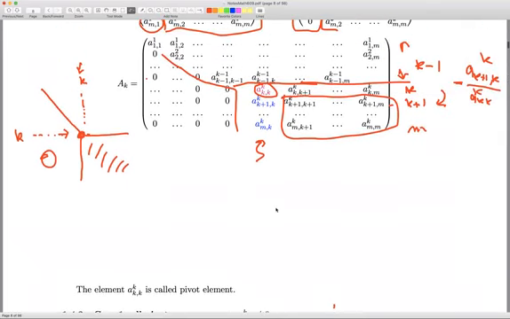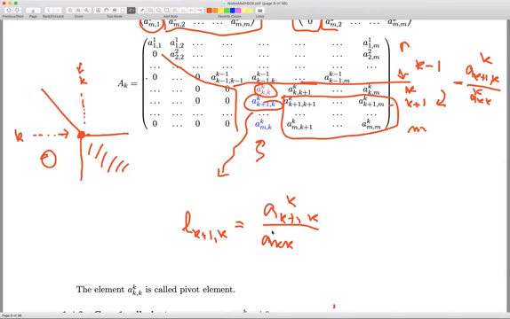So how do we remember those? How do we get, for example, the number l k plus 1 k? This number is this term divided by the corresponding pivot. So this will be a k plus 1 k divided by the pivot akk.